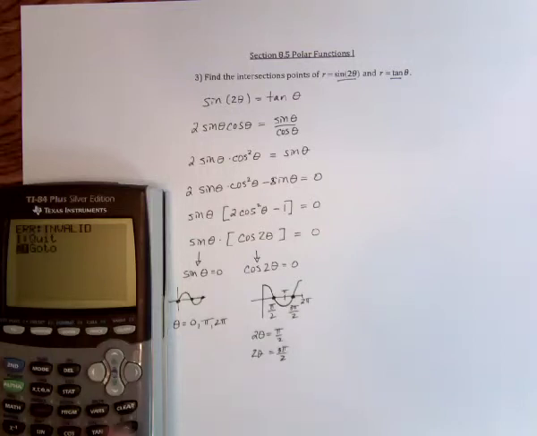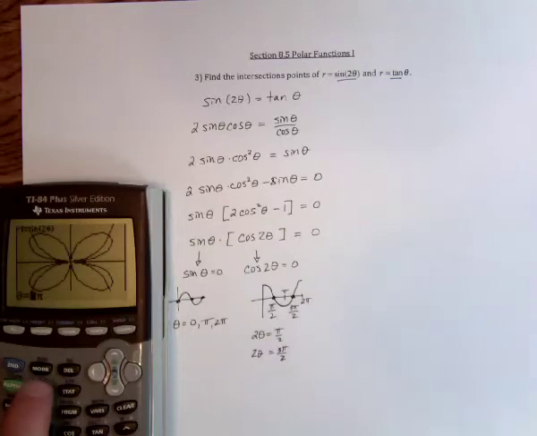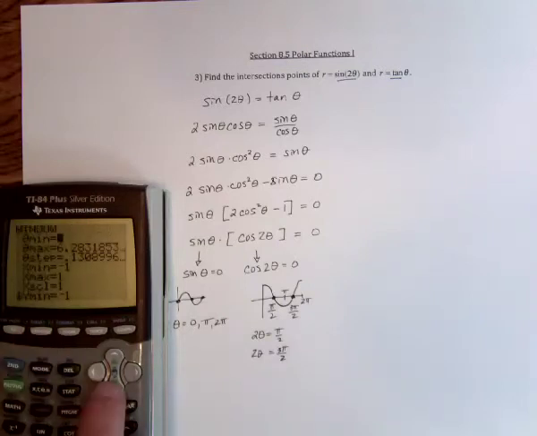Oh. Hey, if this ever happens to you, this is what's going on. So when I typed in the window from 0 to 2 pi, that is the exact number 2 pi. When I hit enter, it then puts a decimal approximation, which is just slightly smaller than 2 pi.